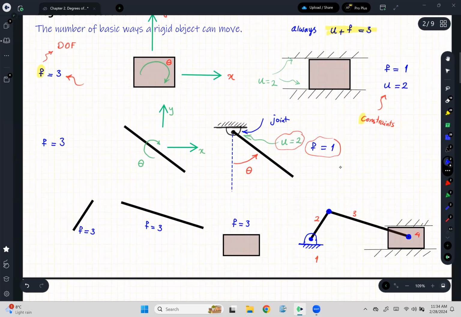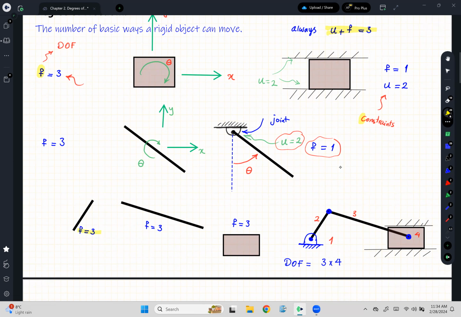We know the degrees of freedom of this mechanism, let's write it down there. So the degrees of freedom for this mechanism is equal to, we know that we have 4 links, right? Link 1, 2, 3, 4. Each link has 3 degrees of freedom, right? Go back to the left side.